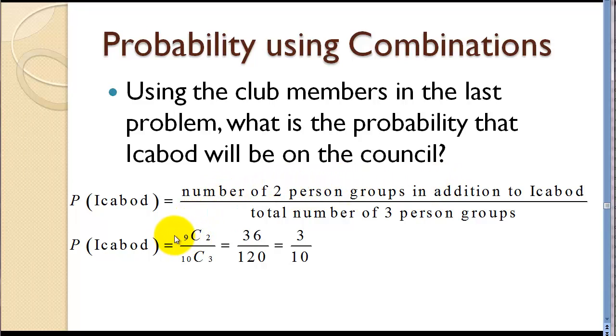So this would be 1 for Ichabod times the number of groupings of people not counting Ichabod. So that would be 9C2 because we're not counting Ichabod. And then the total number of councils would again be 10C3. Again, in this particular case, we don't care about leadership positions. And so we get 3 out of 10.